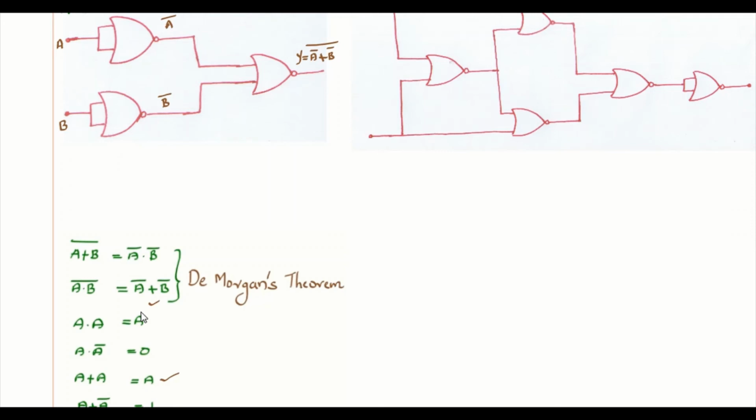From De Morgan's theorem, A complement plus B complement equal to A dot B whole complement. So y equal to A dot B complement complement, that is equal to A dot B. In this way, AND gate can be realized using NOR gate.